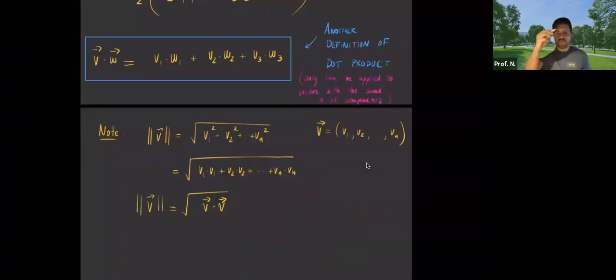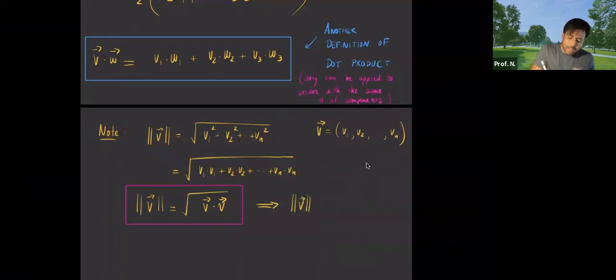Instead of finding the square root of V1 squared plus V2 squared and so on, like the way we've normally defined it, we can now define the norm as the square root of the dot product of V with itself. And connected to this is the norm of V squared.